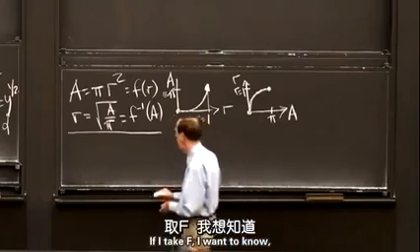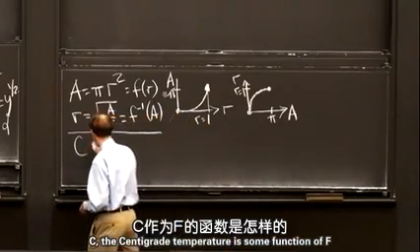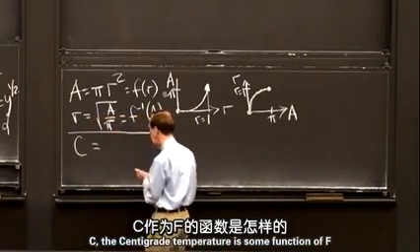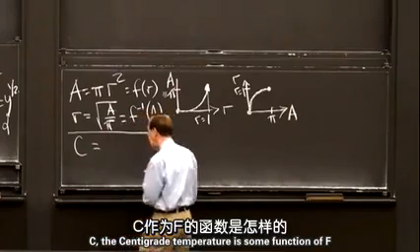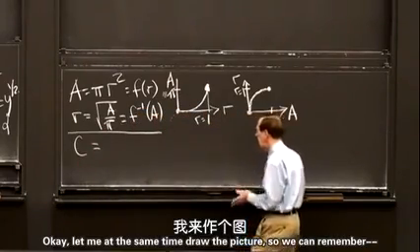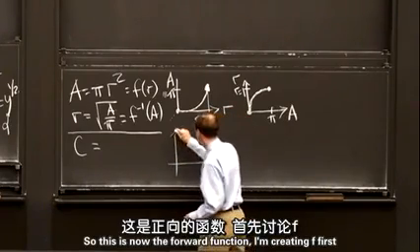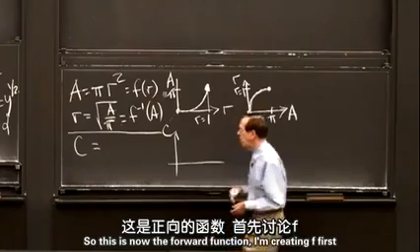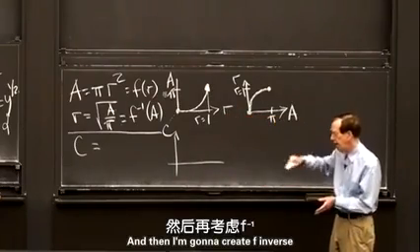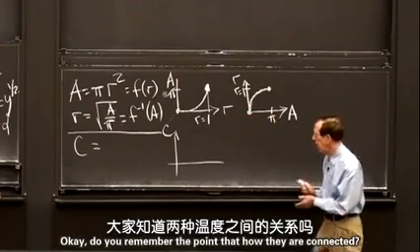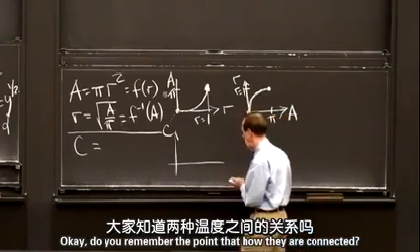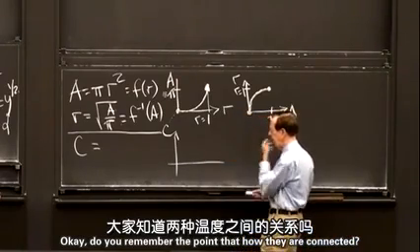If I take F, I want to know C, the centigrade temperature, is some function of F. Let me at the same time draw the picture so we can remember. So this is now the forward function. I'm creating F first, and then I'm going to create F inverse.